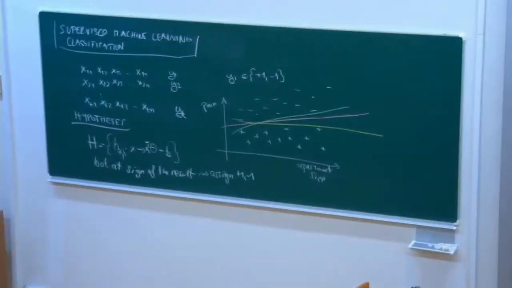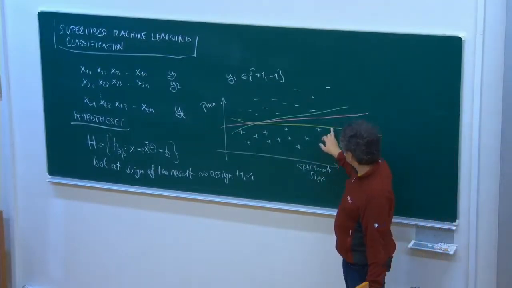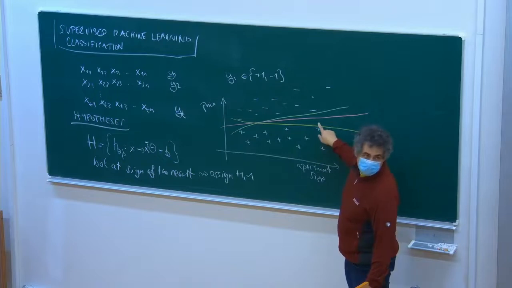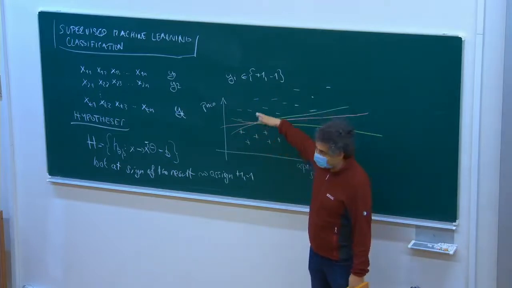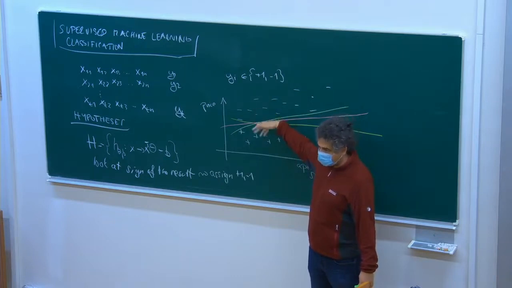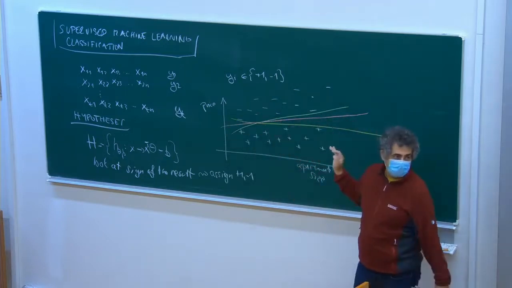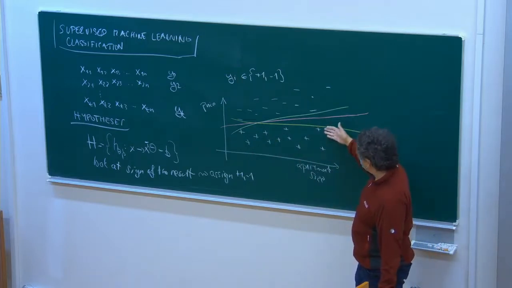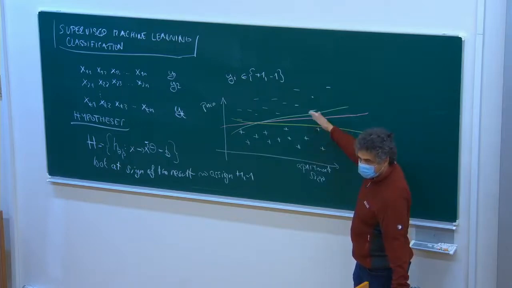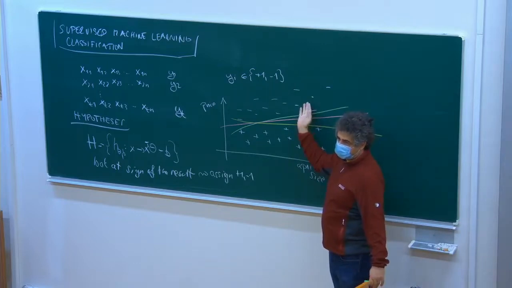What's wrong with this yellow hypothesis here is that it goes pretty close to this plus and pretty close to this minus. If my data contains errors, and I have a hypothesis that goes very close to these examples, then if I get another example with a little bit higher error, it may just jump over the line and get misclassified.